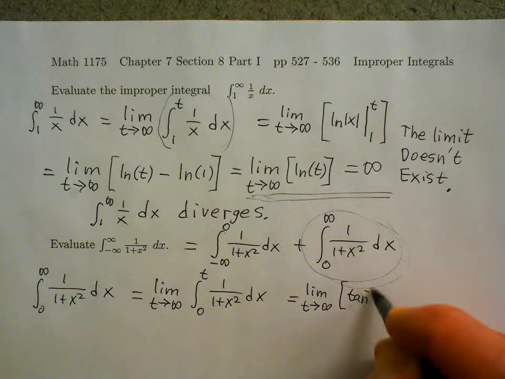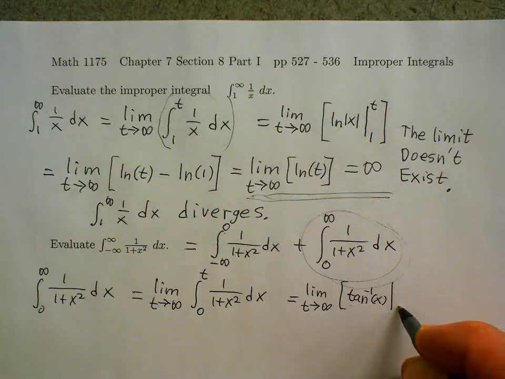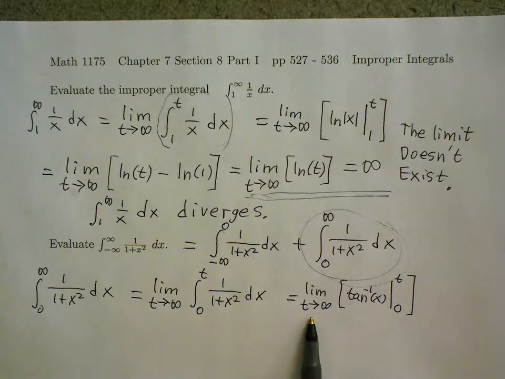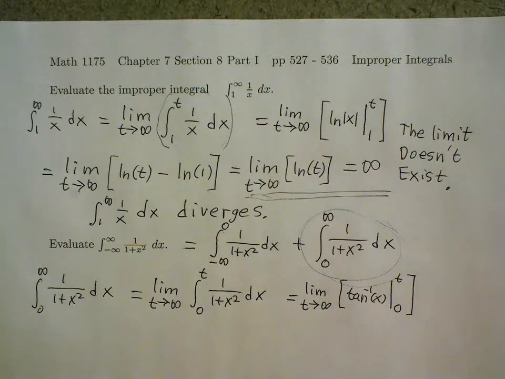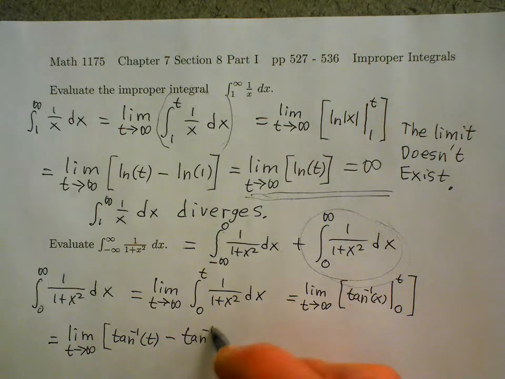The inverse tangent of x, and we're going to evaluate this from 0 to t, and then afterwards let t go to infinity. So this is the limit as t approaches infinity of the inverse tangent of t minus the inverse tangent of 0.